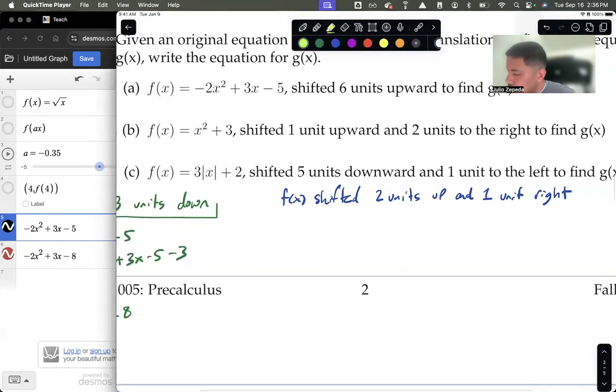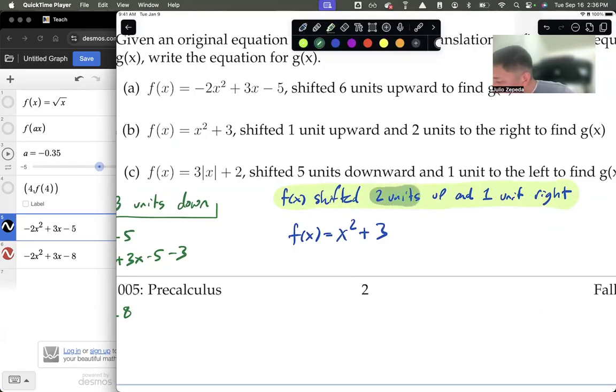We're doing the problem here that I've written down, that's highlighted. We're going to take the function that's given in the prompt, f of x equals x squared plus 3, and we're going to shift it 2 units up and 1 unit to the right.